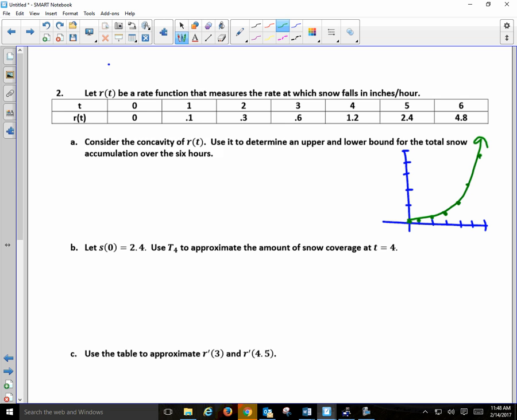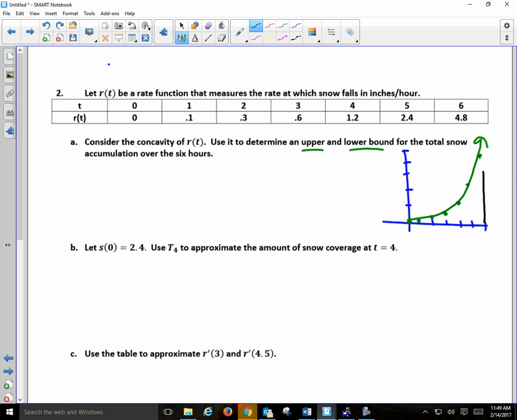So if we're asked to look for an upper and lower bound, what it's really looking for is what kind of sum would give an overestimate and what kind of sum would give an underestimate. So as you think of right-hand sum, left-hand sum, which one would give you an overestimate in this problem? Let's try drawing one.